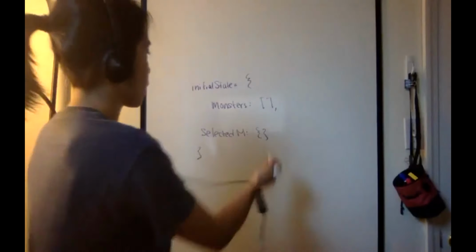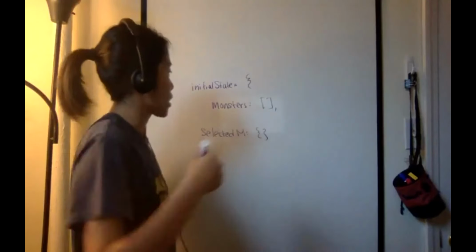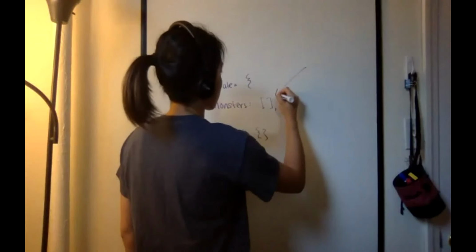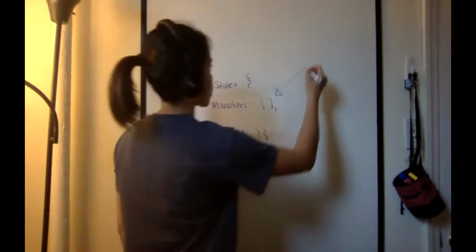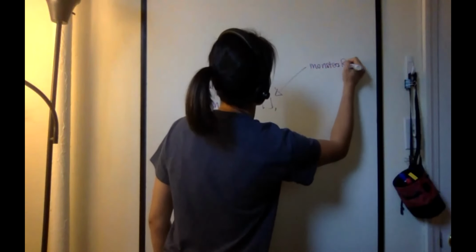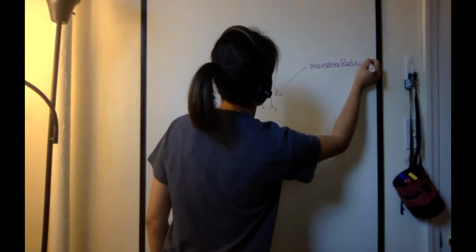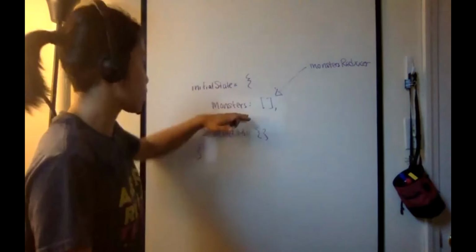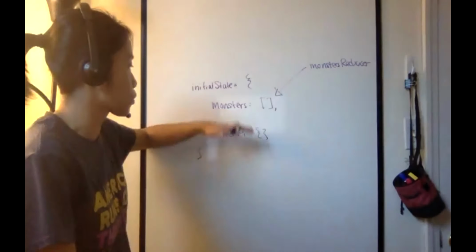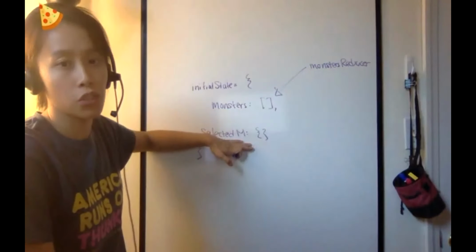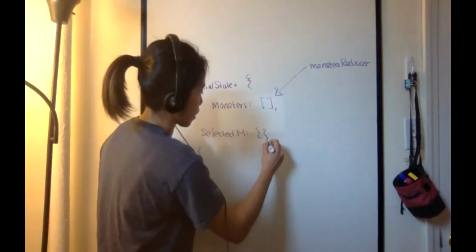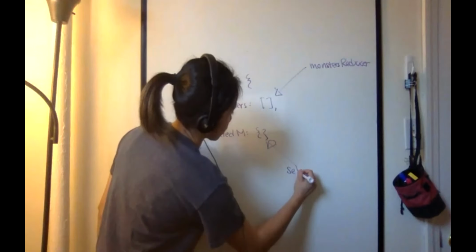And now as things get larger, what we can do instead is have one reducer handle this logic, the monsters reducer, so that I will only have to worry about this array of objects. I don't have to worry about my selected monster at all. And I'll have a separate one that references the selected monster.